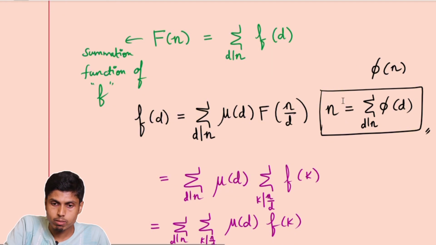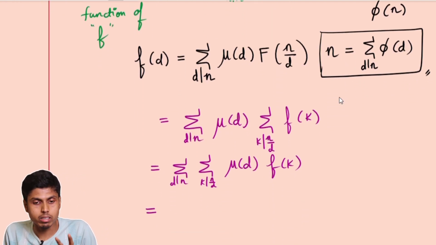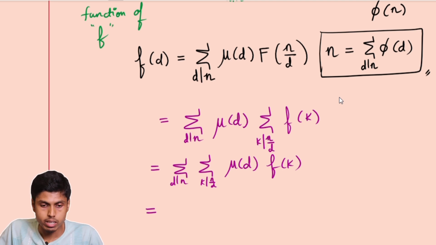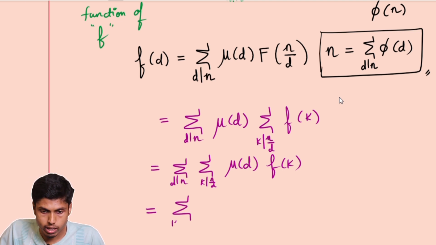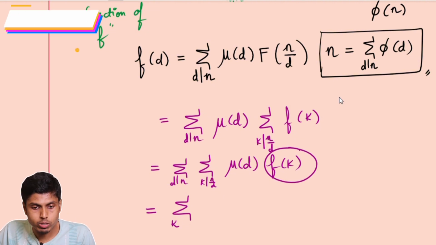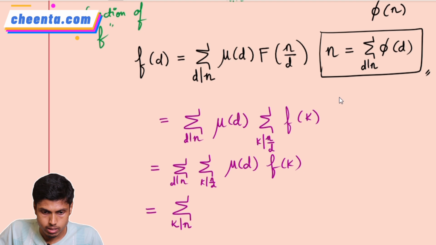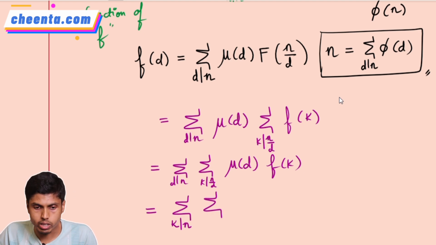Now the same summation is evaluated in a different way by reversing the order of summations. First we consider the summation over k, so that for a fixed k, f of k is fixed. I am going to sum it over the Mobius functions. So k divides n, summation, how will I know the limits or the constraint on d?